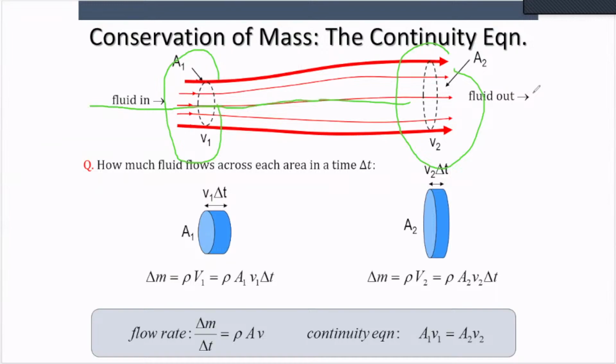So we have fluid in and fluid out, and we can write the equation: A1 V1 equals A2 V2. V is velocity. That is what we call the continuity equation in fluid dynamics, A1 V1 equals A2 V2. Right? Is it clear?